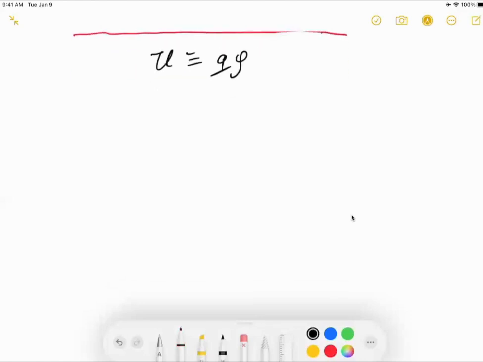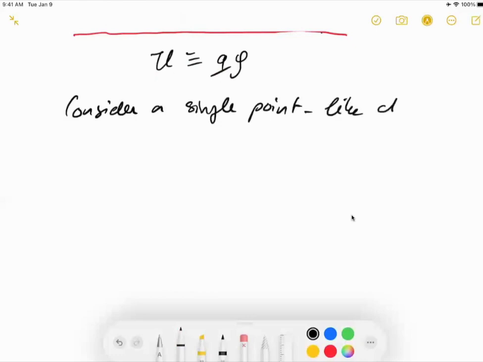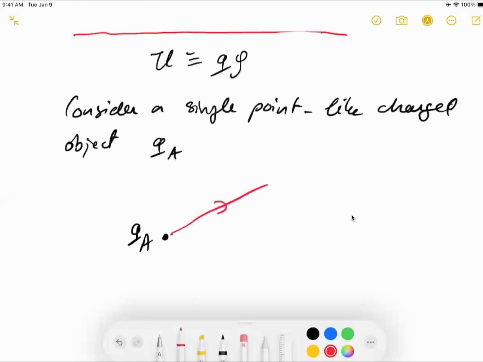So if we go to our favorite model system, let's consider a single point-like charged object. Let's call it QA, and it's generating some kind of an electric field. Again, for simplicity, I'm just drawing it as a positive electric field.